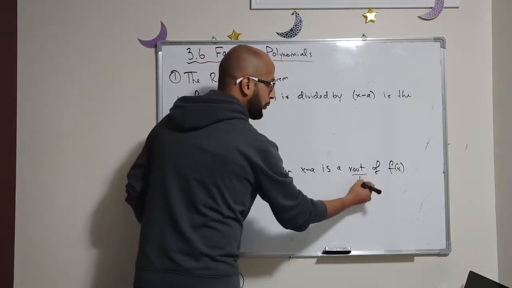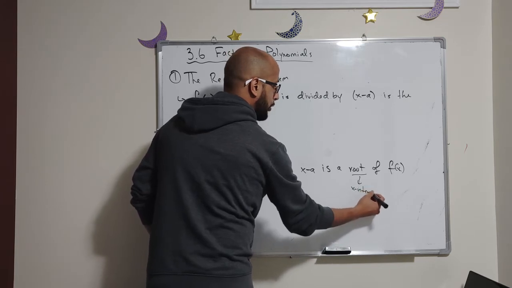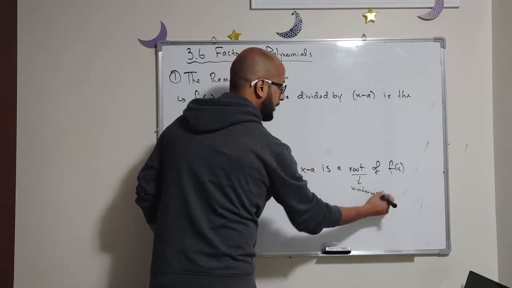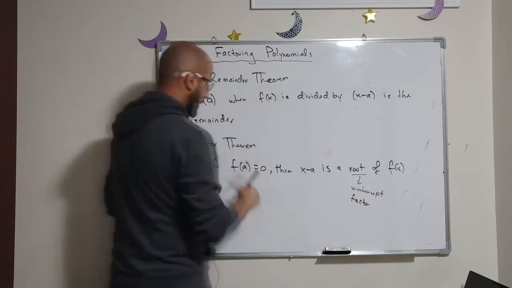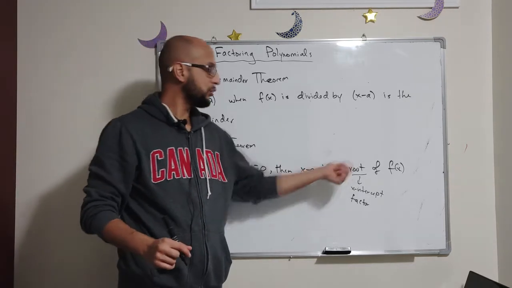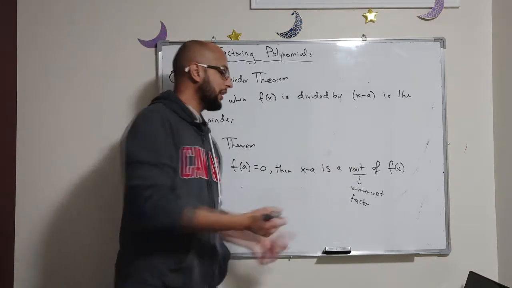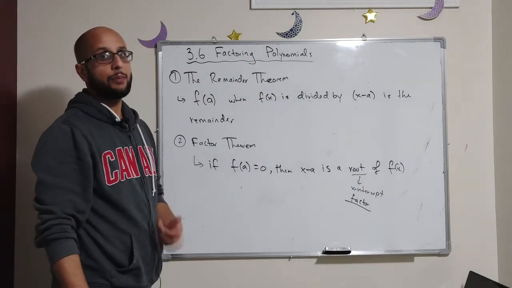Remember, what does root mean? Root means the same thing as the x-intercept, and it also means it's a factor. So if f at a is equal to 0, then x minus a is a root, it's an x-intercept, and more importantly, it's a factor of f at x. Let's look at how we would apply this.